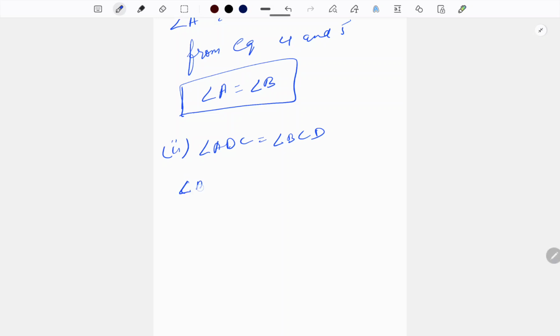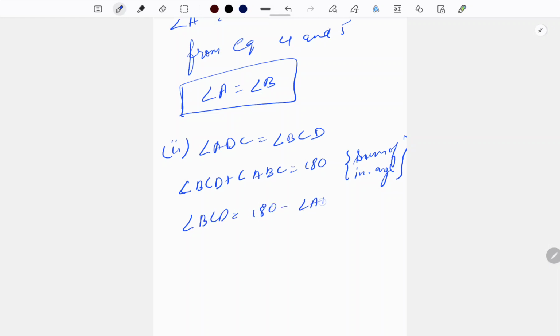Angle BCD plus angle ABC is equal to 180 degrees. Why? Because of the sum of interior angles of parallel lines. You got it. So angle BCD will be what? 180 minus angle ABC. Yes.